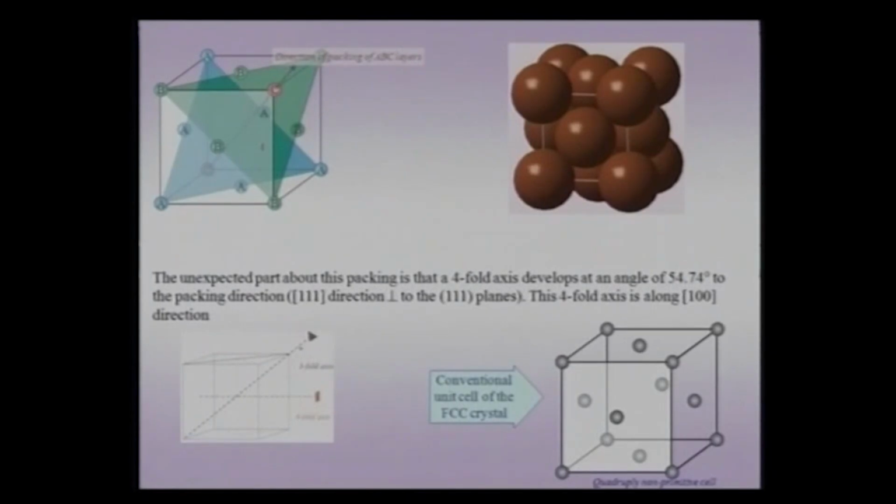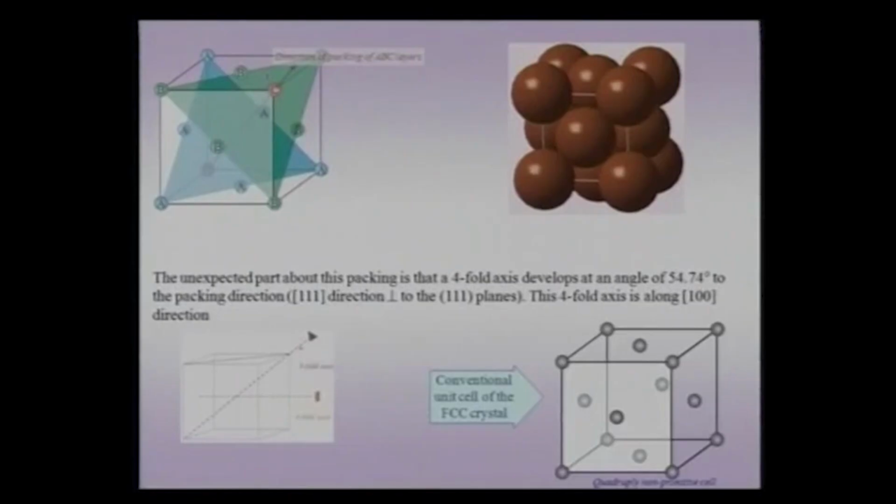Now when I do this kind of packing, it is not surprising that the crystal I generate has not 6-fold but 3-fold symmetry. The original layers had 6-fold symmetry, but this ABC packing has destroyed the 6-fold and has left us only with a 3-fold rotational symmetry.